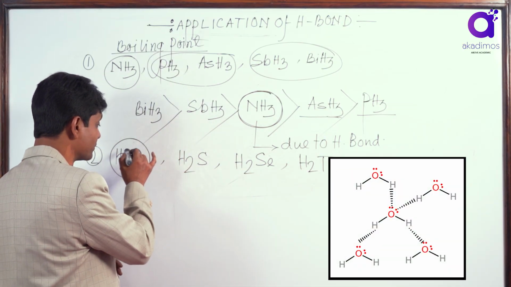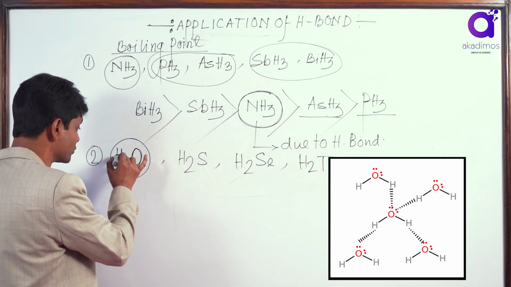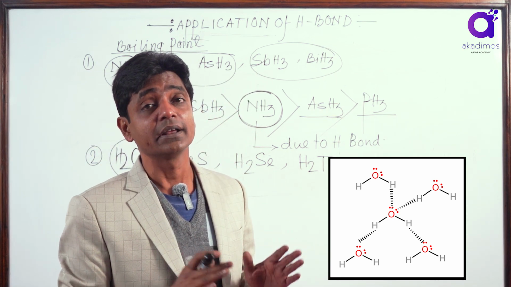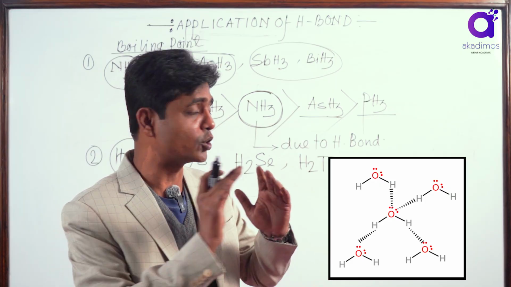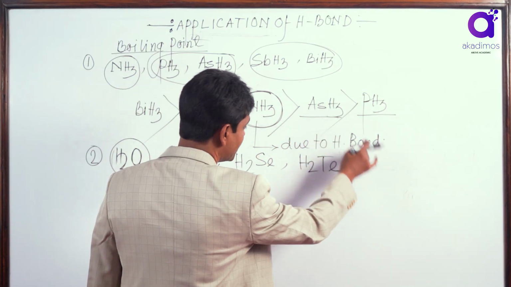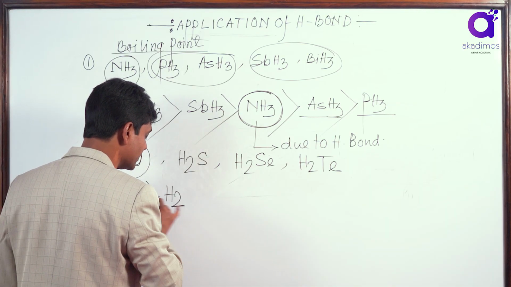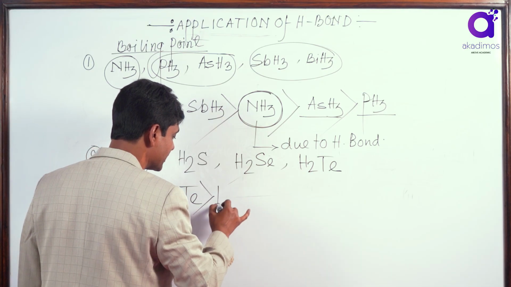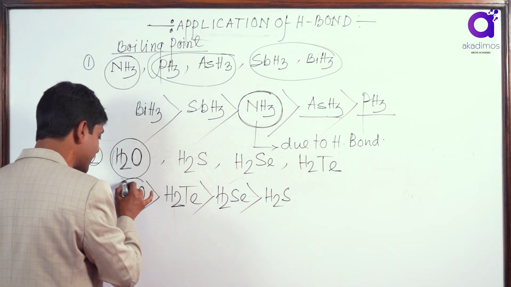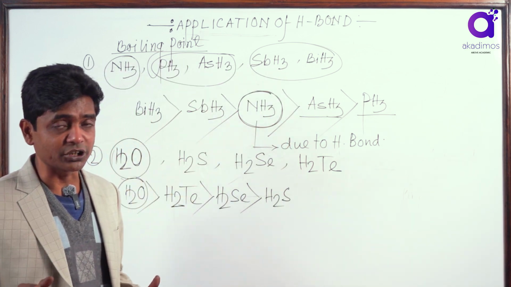This oxygen will form 2 hydrogen bonds since it has 2 lone pairs of electrons, and this hydrogen also forms 2 hydrogen bonds. Due to hydrogen bond, its boiling point is abnormally highest. That means the order of boiling point: water is greater than the others, which are normal on the basis of size, H2Te, H2Se and H2S. So water has abnormally highest boiling point due to intermolecular hydrogen bond.